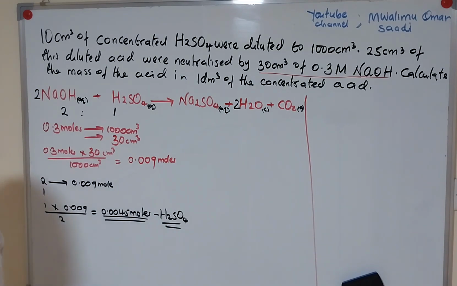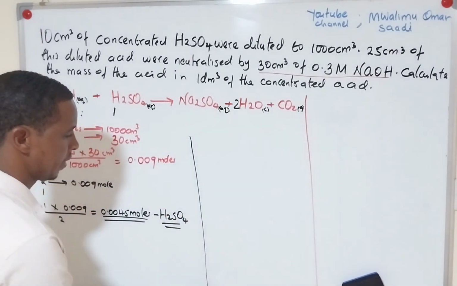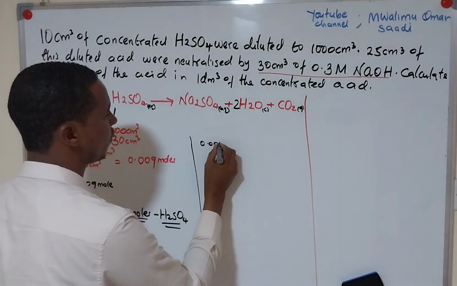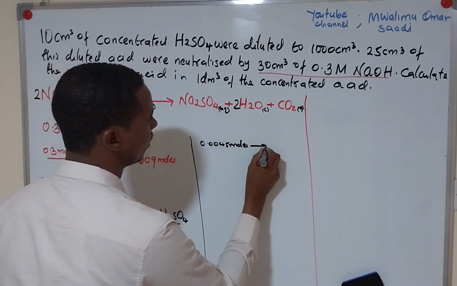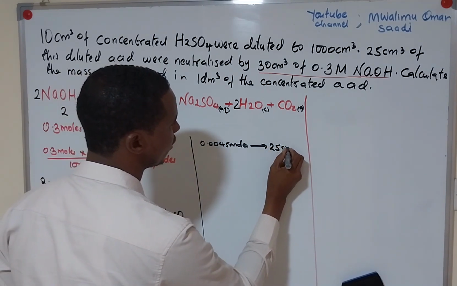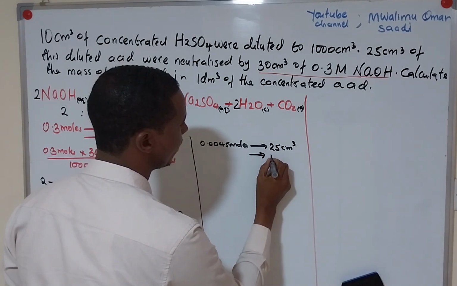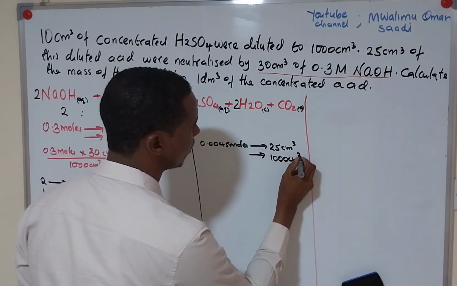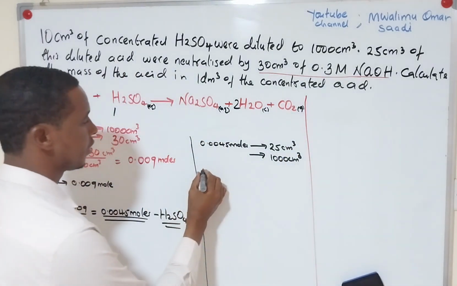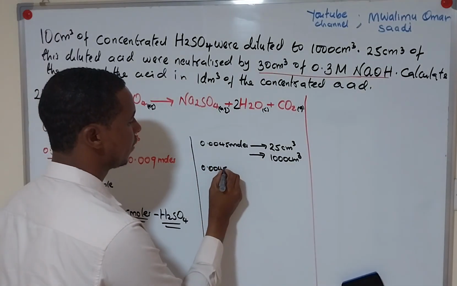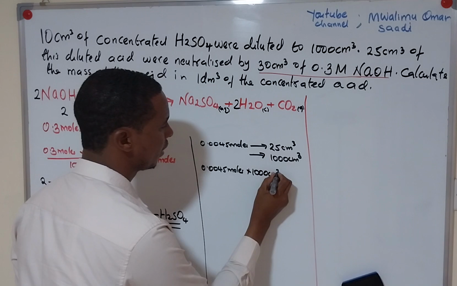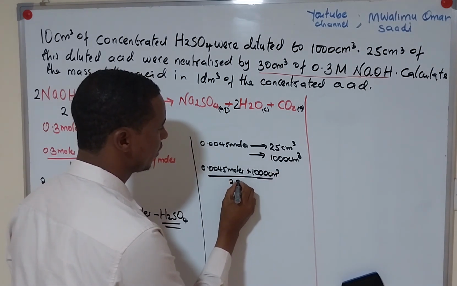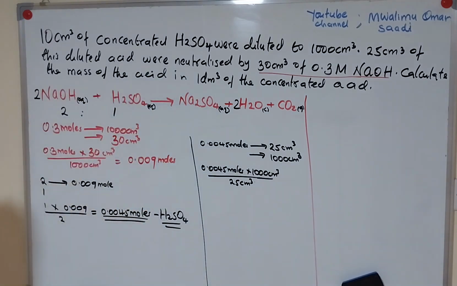So we can get the molarity of the diluted acid. Okay, if now 0.0045 moles is in 25 cm³, we will find the number of moles in 1000 cm³. So that will be 0.0045 moles times 1000, then all over 25 cm³.